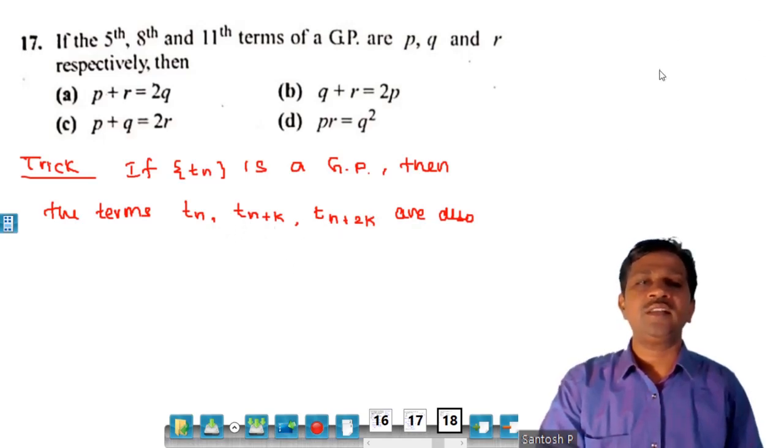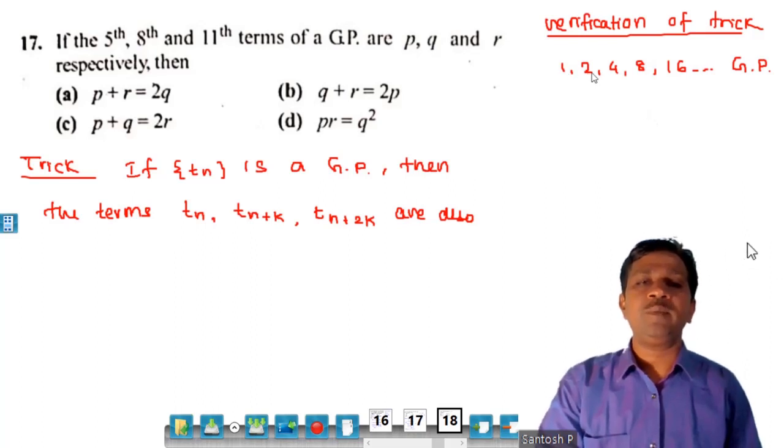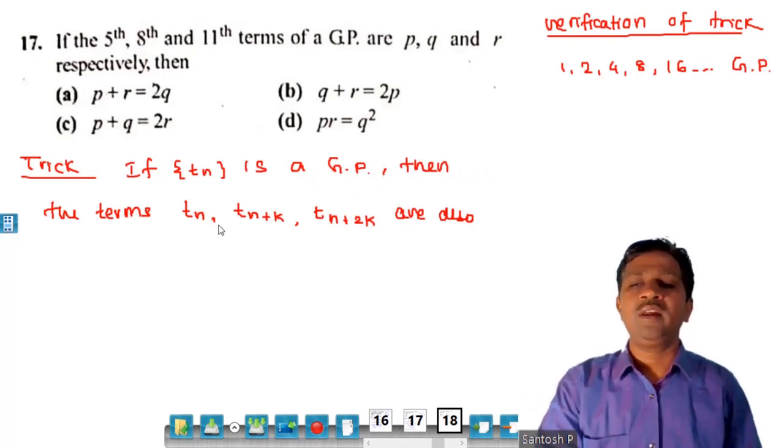Let us consider a simple GP: 1, 2, 4, 8. This is your T1, this is your T2, this is your T3, this is your T4, this is your T5. What the trick says is, if T1, T2 and so on, Tn, is a GP, then these numbers Tn, Tn plus k and Tn plus 2k also form a GP.